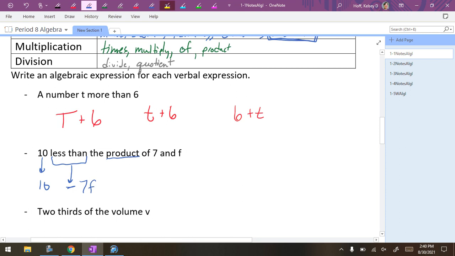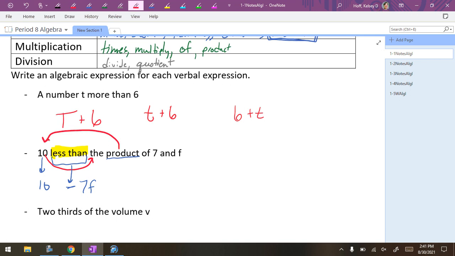But that special phrase of less than throws a curveball. Less than does mean subtraction, but it also says whatever's in front of the word less than really needs to go behind the minus sign, and whatever's behind the word less than actually has to go out front. So 10 minus 7f, we have to swap them.